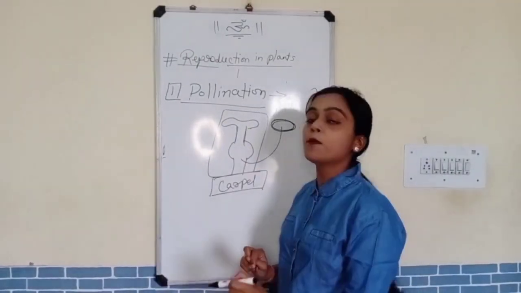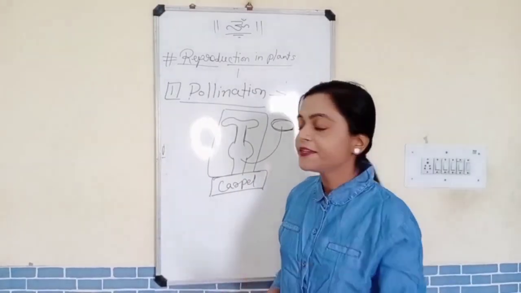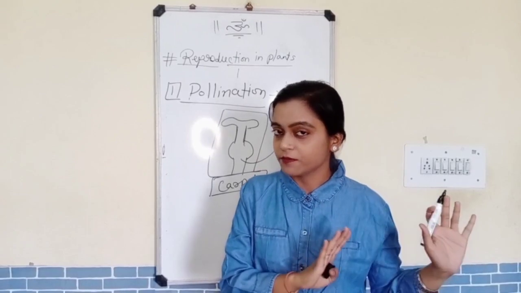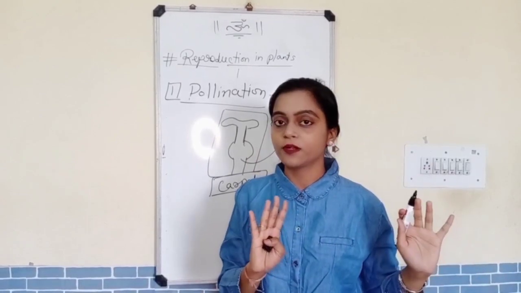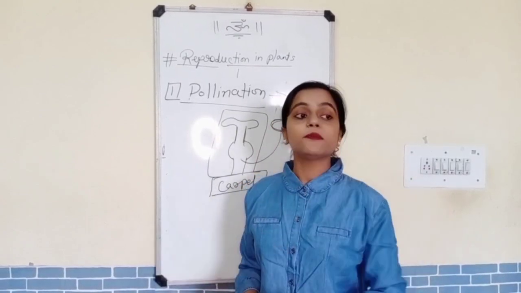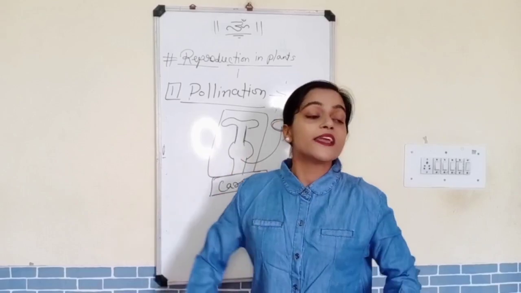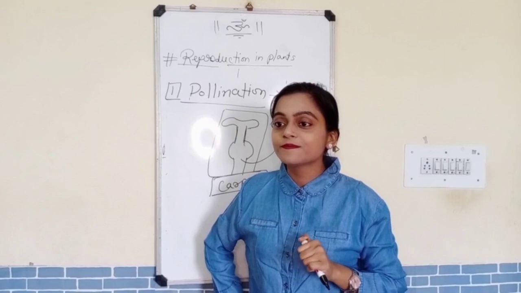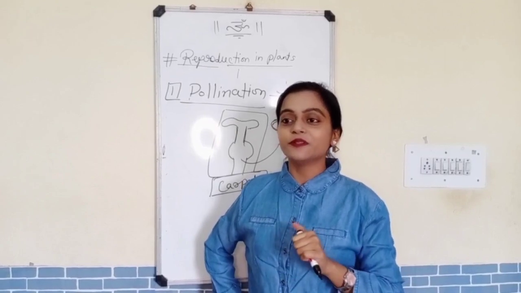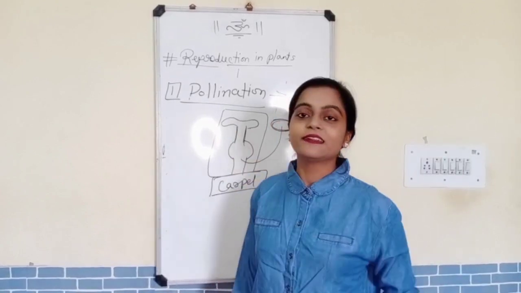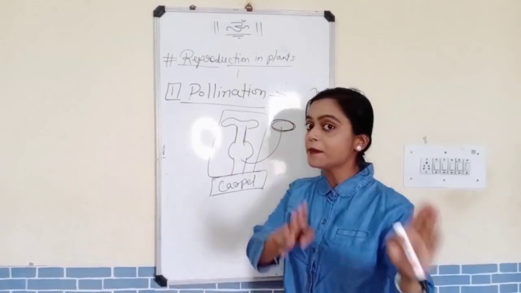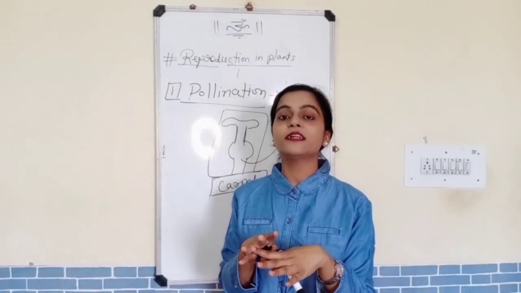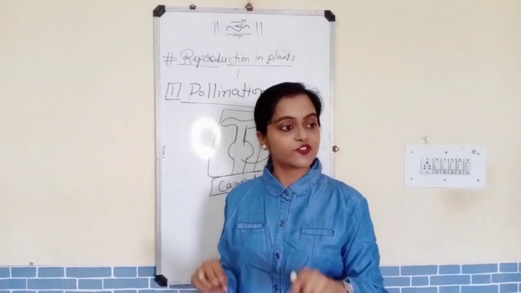Let me tell you a most important thing that the flower we have learned is a bisexual flower. Can you tell me how this flower is a bisexual flower? Yes? Very good. This is the right answer, that when a male part and a female part both are present in the same flower, the flower is called bisexual flower.